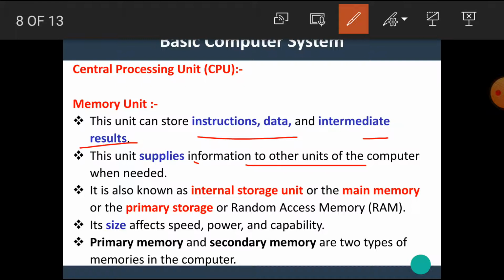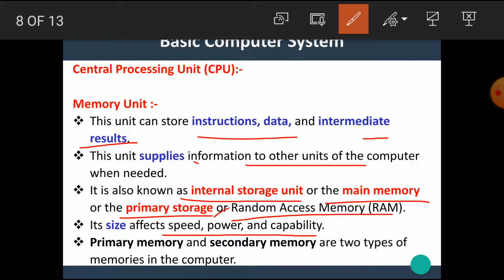It is also known as internal storage unit or the main memory or the primary storage or the random access memory, that means RAM. Its size affects the speed, power and capability. That means the size of the memory unit affects the speed of the memory, the power rating, and the capability of CPU.